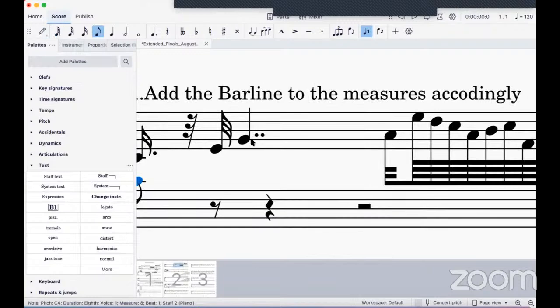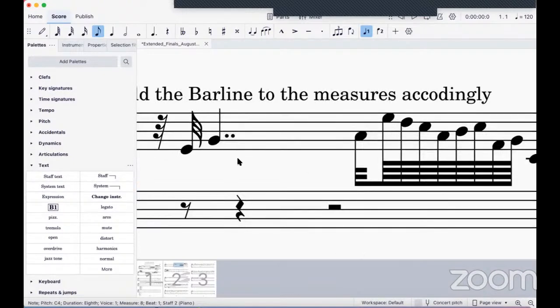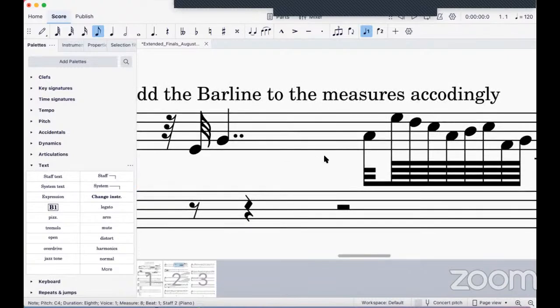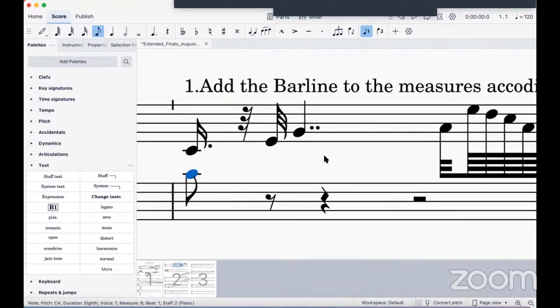One dotted quarter note plus another dot is one quarter note plus an eighth plus a 16th note. Now let's see if it completes here. This is a 16th plus another 16th, which gives an eighth note. So here it gives us one quarter plus an eighth plus an eighth, so to give one quarter note.